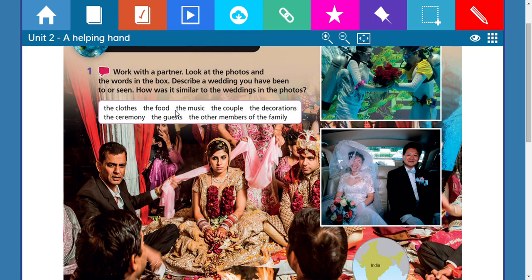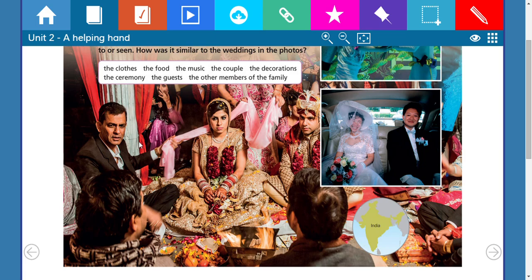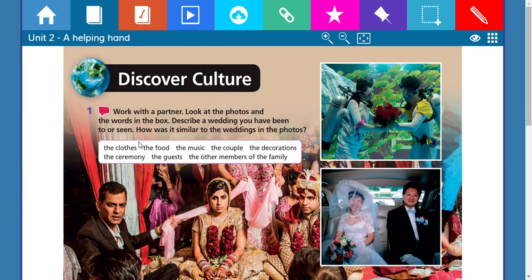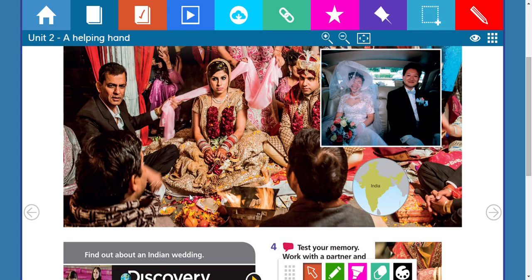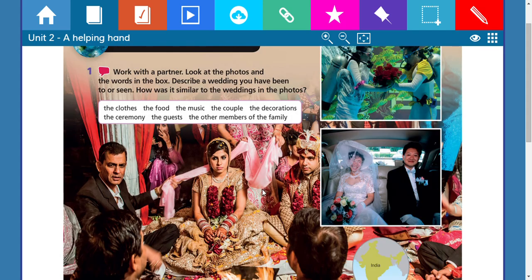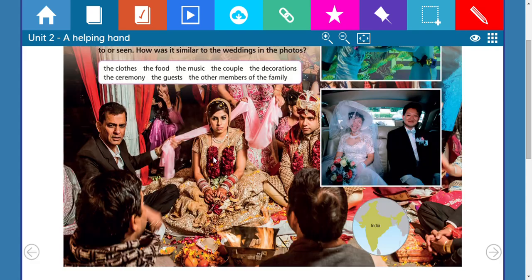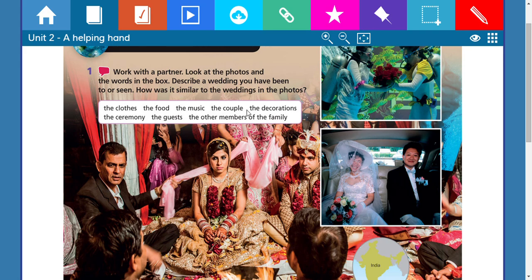What about music? Can you see something related with music? I don't think so. But maybe someone can say, on the car, the couple is listening to music. That's a possibility. What about the couple?